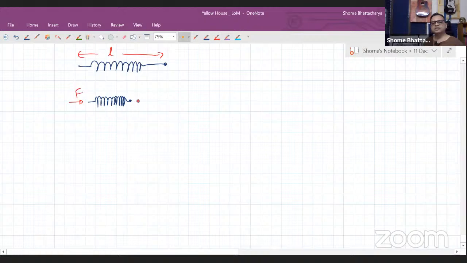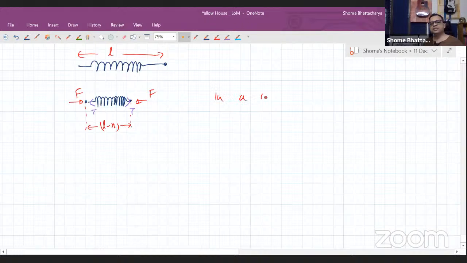So this time the external force has to act inward, but the spring develops an outward tension. So again, it's a restorative tension. It tries to restore the spring back to its natural shape. Okay, so if the spring is compressed by x, its length compresses to L minus x.